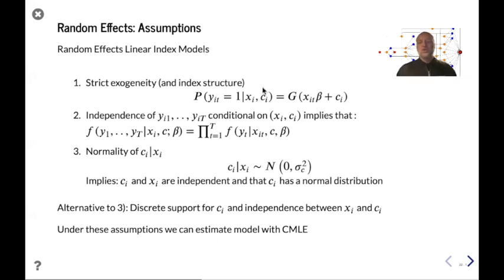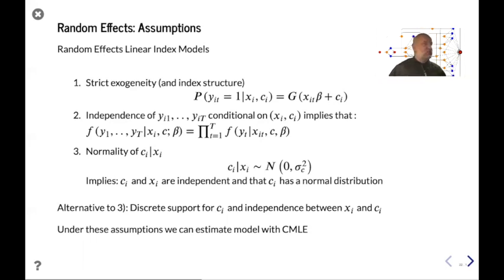So we assume strict exogeneity. We assume independence conditional on c_i and x_i. That essentially implies that once you're conditioned on the unobserved effect, and you have strict exogeneity, you can just multiply all the densities or the probabilities across the different time periods, because those time periods are independent.